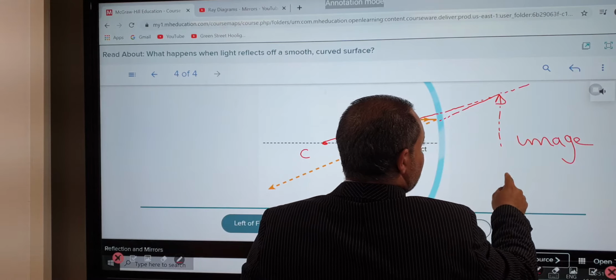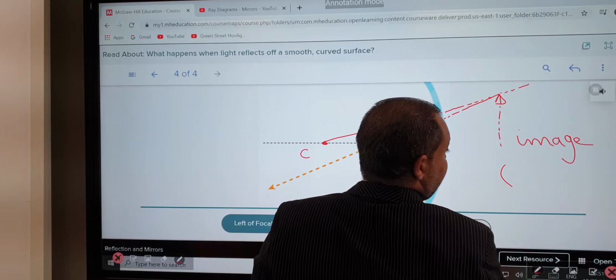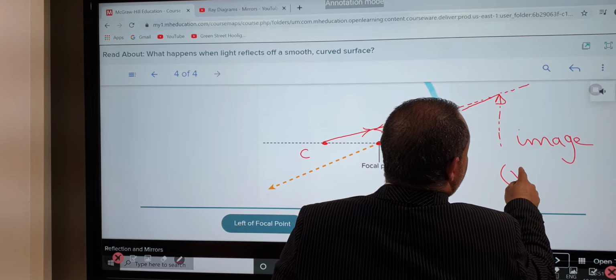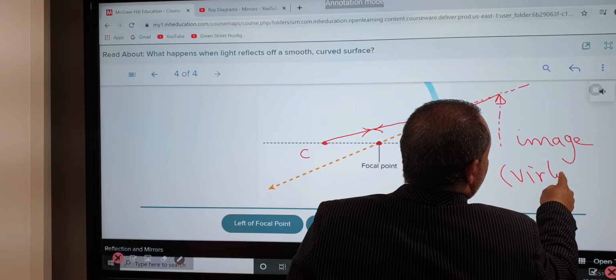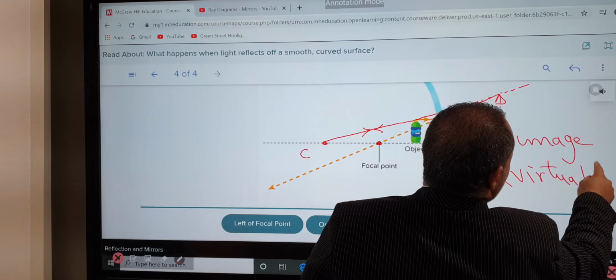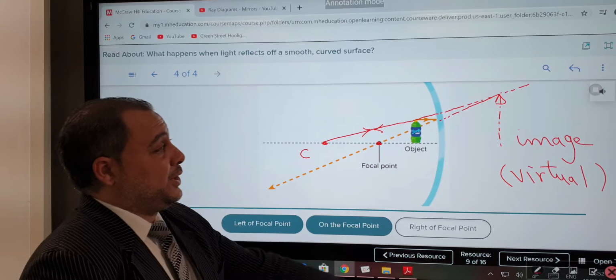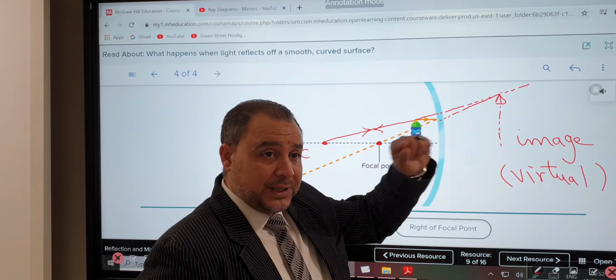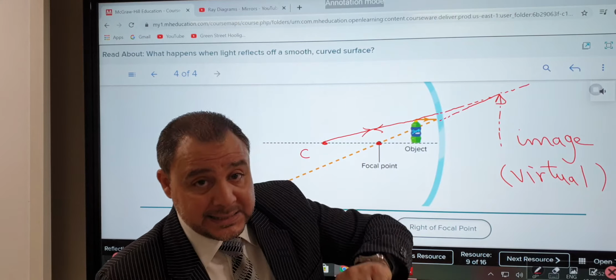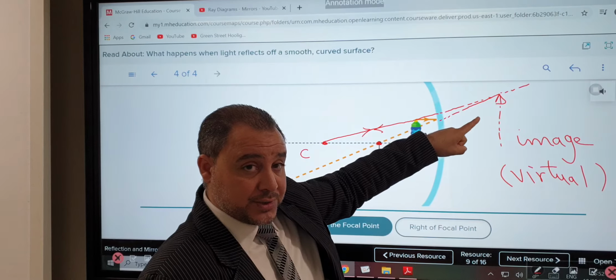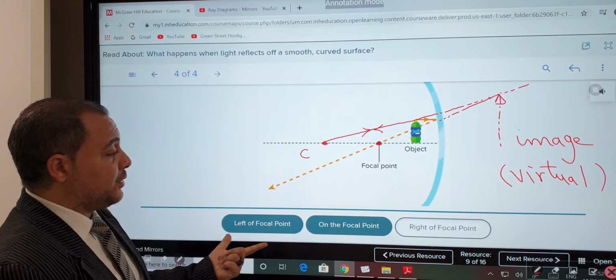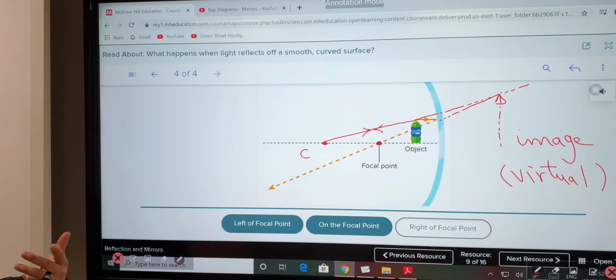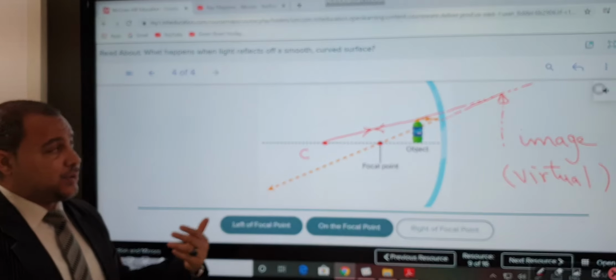Will it be virtual or real? Good, virtual. Why virtual? Yes, because it's produced from the intersection of the extension of reflected rays. So these are the rays formed through the concave mirror.